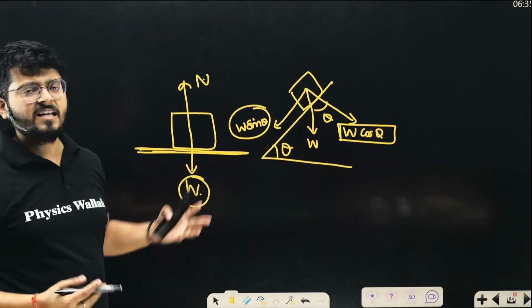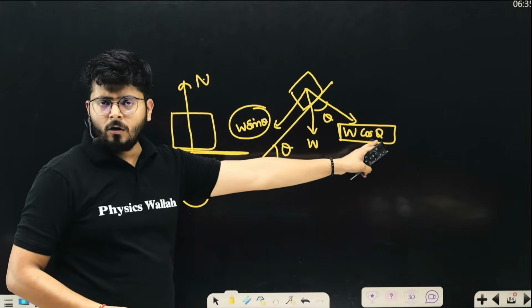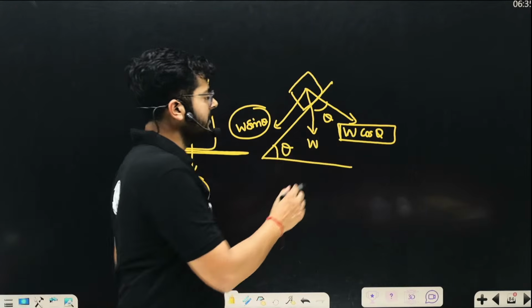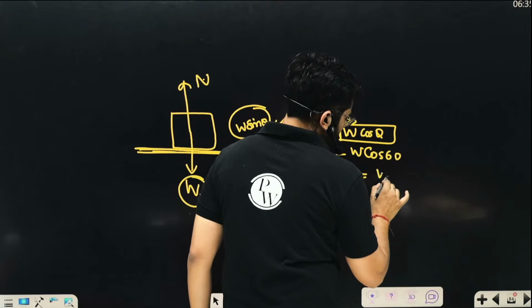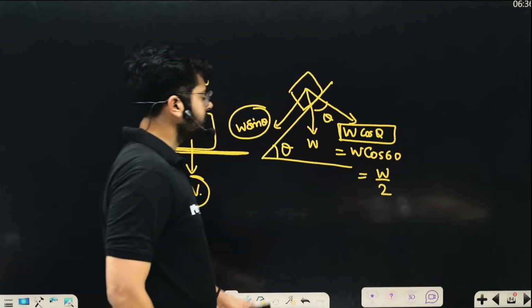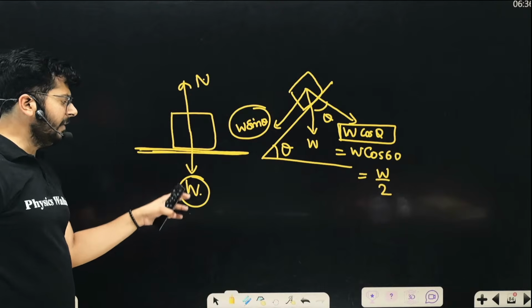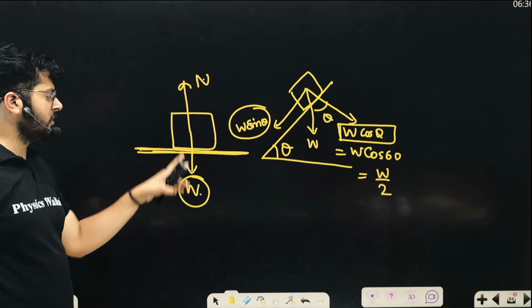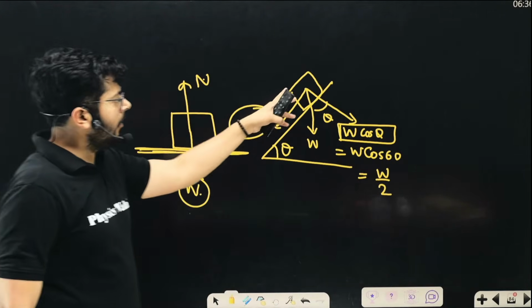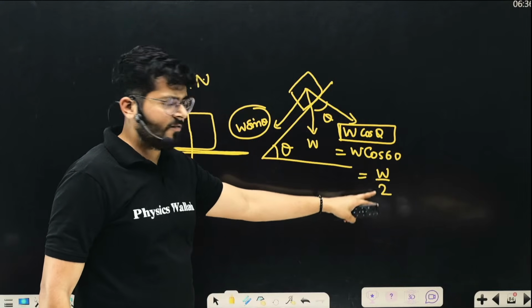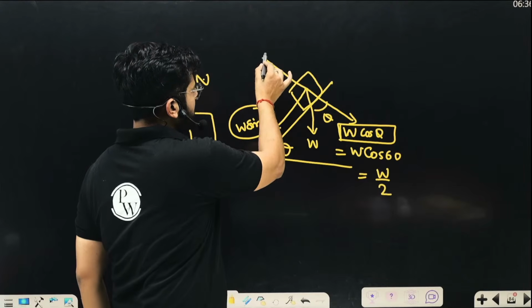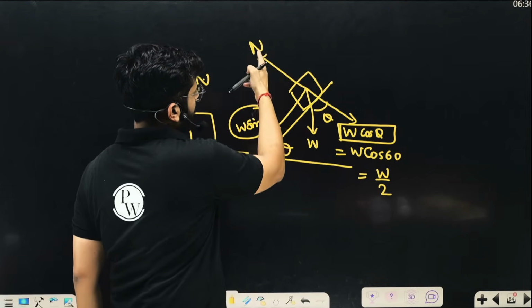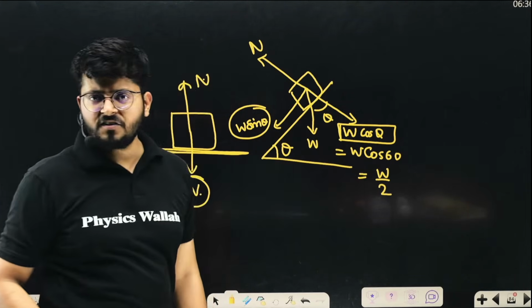If theta, let us say, is 60, then it is W into cos 60, which is 1 by 2. So it is W by 2. Cos 60 is 1 upon 2, right? Here, all of the weight was pushing against the surface and the normal reaction was equal to the weight. Here, only a part of the weight is pushing against the surface, so the normal reaction is W by 2. So the normal reaction has reduced.